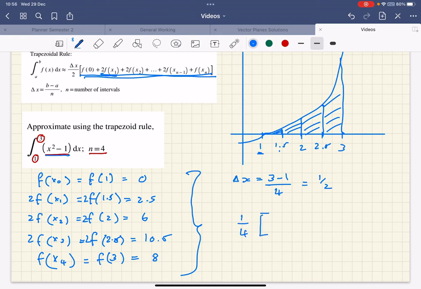And if I add all of these together, and again, you can just double check this, they all add together to give me 27. So this gives me 6.75. Now that's only an approximation, but that's using the trapezium or the trapezoidal rule to find the area underneath the curve.